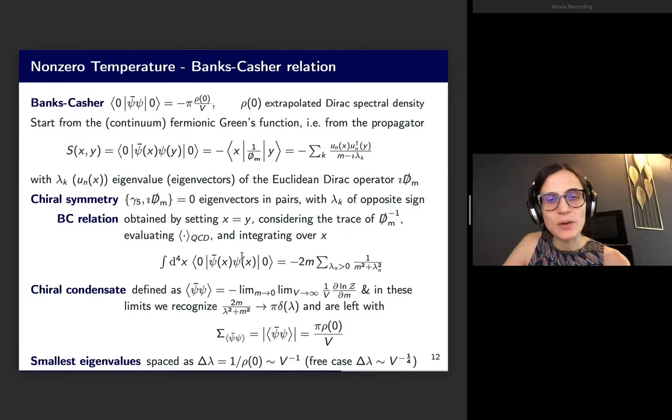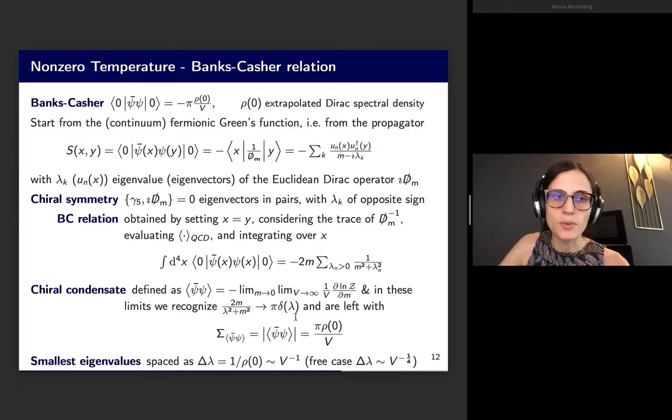And then the next thing we have to observe is that the chiral condensate is defined in the V to infinity limit and also in the chiral limit. And if we then take these two limits in the right order, by sending the volume to infinity first and the mass to 0 afterwards, we can recognize that this quantity, 2m over m squared plus lambda squared, is a representation for a delta function.